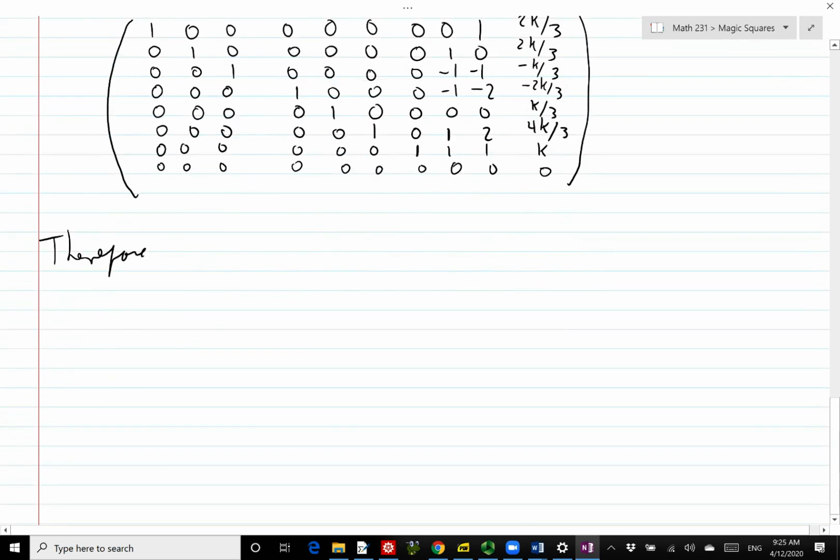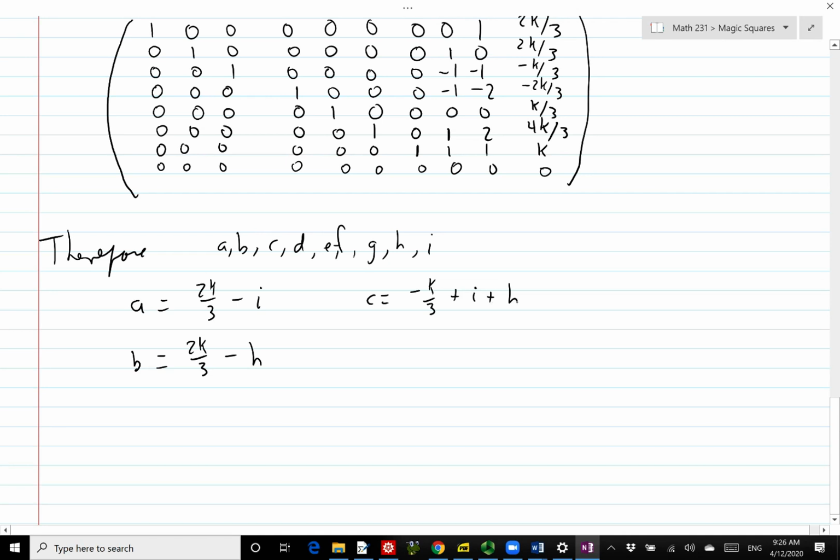So the set of solutions for A, B, C, D, E, F, G, H, I are the following. A has to be 2k over 3 minus I. B is 2k over 3 minus H. C is negative k over 3 plus I plus H. D is negative 2k over 3 plus H plus 2I.